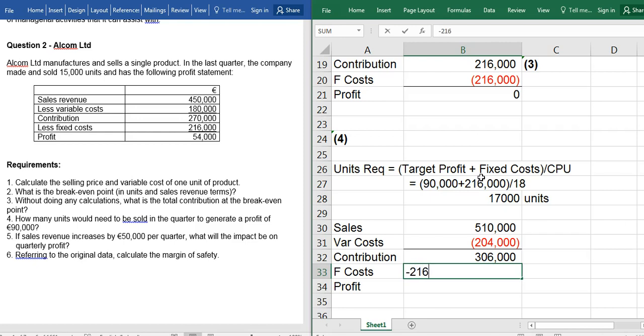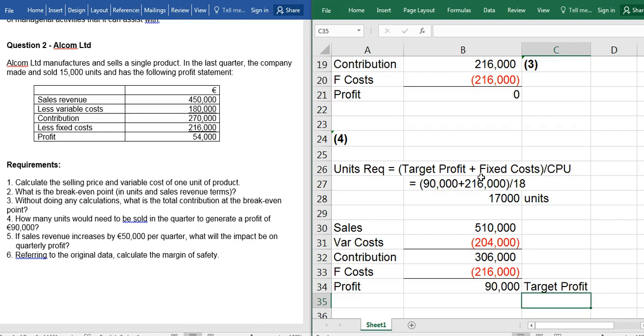And then we take off our 216, which is our fixed cost. Remember, no matter where your volume changes, your fixed costs stay the same. That's the concept of fixed costs. And thankfully, when we take one from the other, our profit is our target profit of 90. So we know we're correct. Part 4 answer: you need to sell 17,000 units to generate a profit of 90.